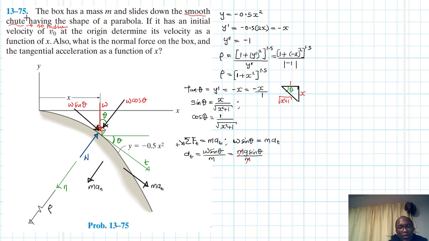So the m's cancel, and we know what sine theta is, we can replace it, so this becomes gx divided by the square root of x squared plus 1. So our acceleration as a function of x is just gx divided by root of x squared plus 1.